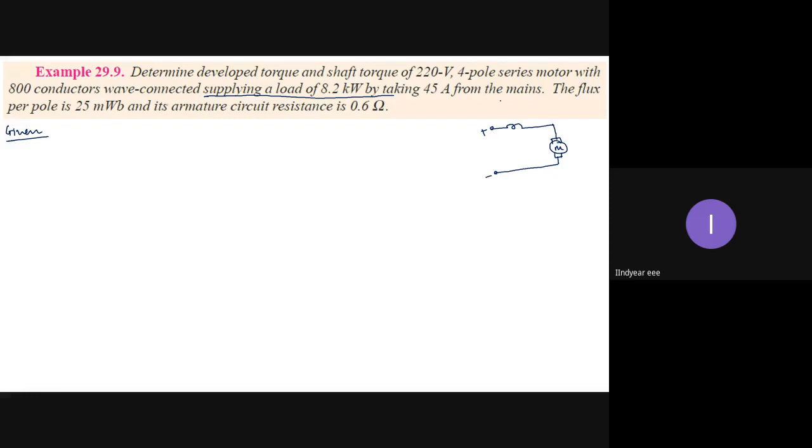So the supply voltage is 220 volts, taking armature current of 45 amps, with RA, EB.